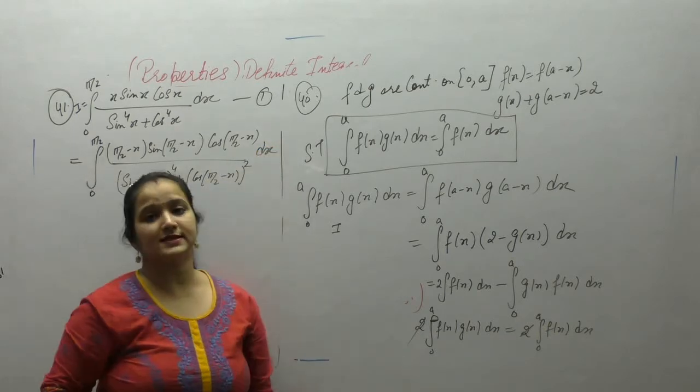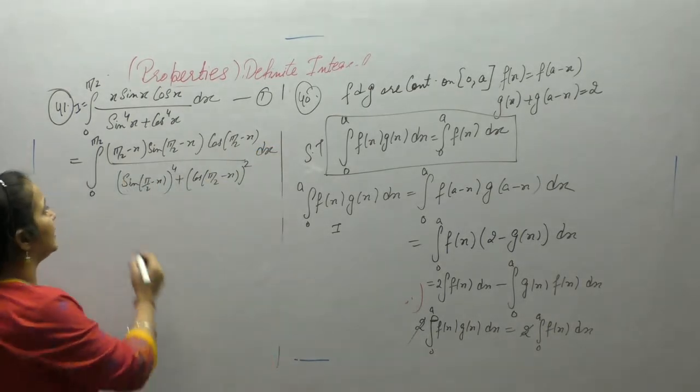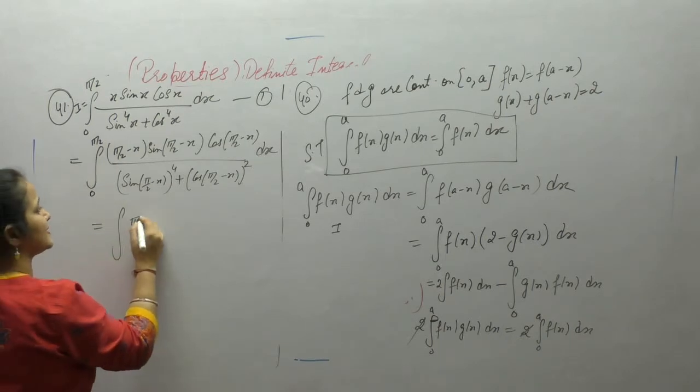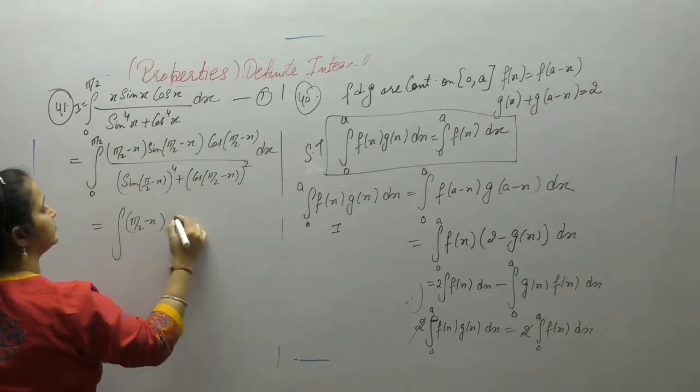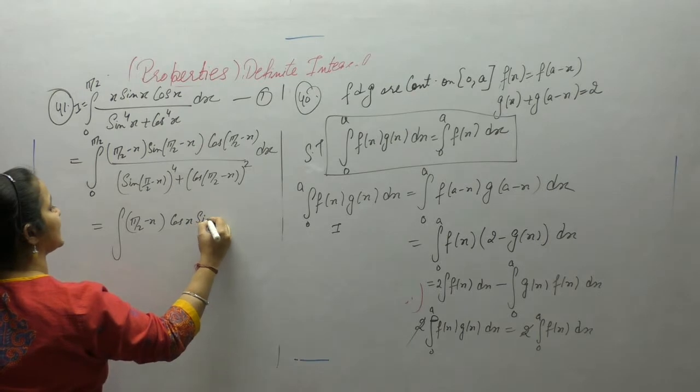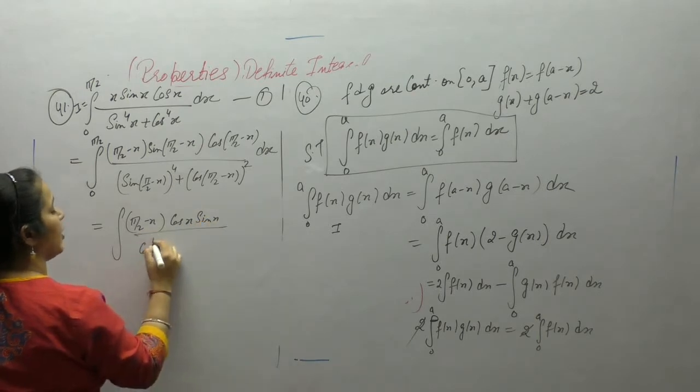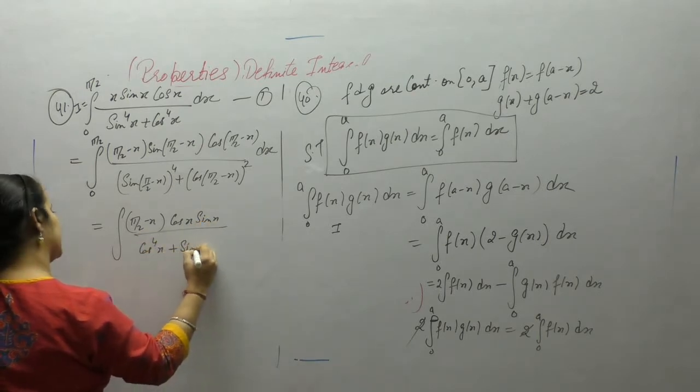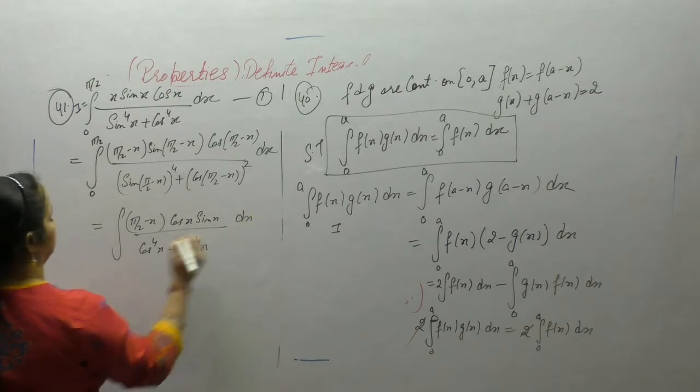Sin(90 minus theta) is cos theta and cos(90 minus x) is sin x. So we get cos x sin x upon cos^4 x plus sin^4 x.